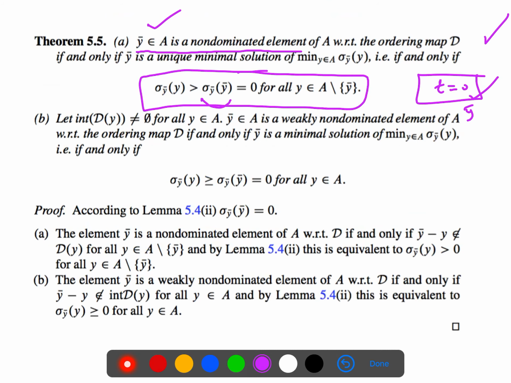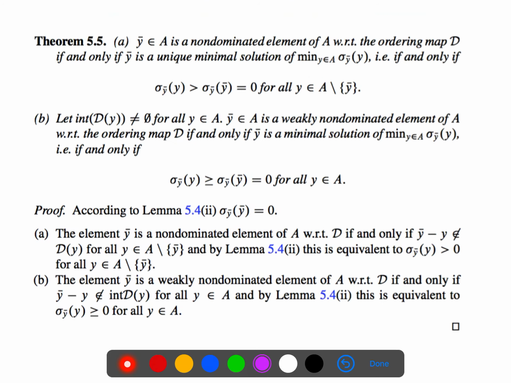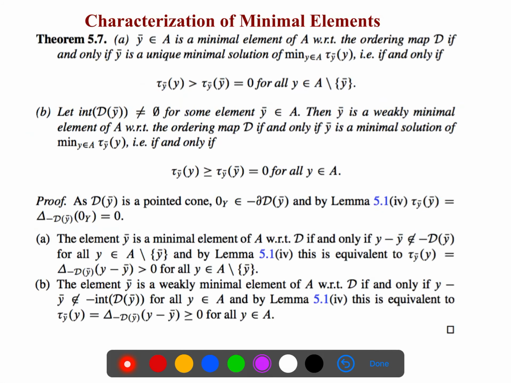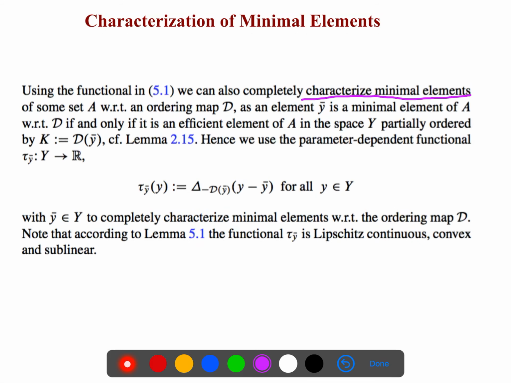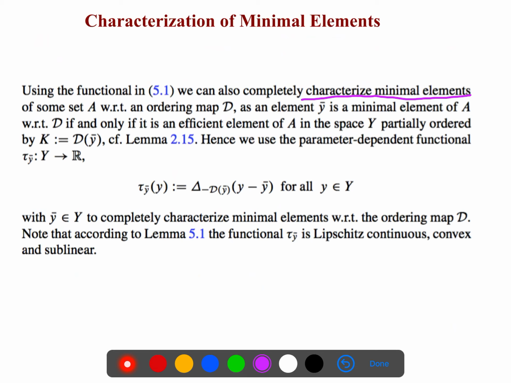So using that functional, we can completely characterize minimal elements. Not only can we characterize non-dominated elements, but also minimal elements as well. Here, tau is just delta defined like this.